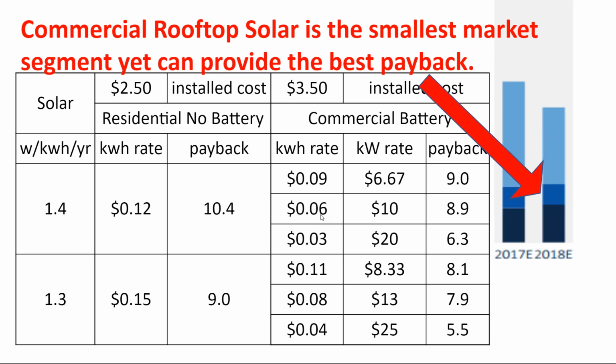Okay, so how do we bring this all back into commercial solar peaker development? Well, for one, let's just look at some solar installation prices between residential solar and commercial solar batteries.